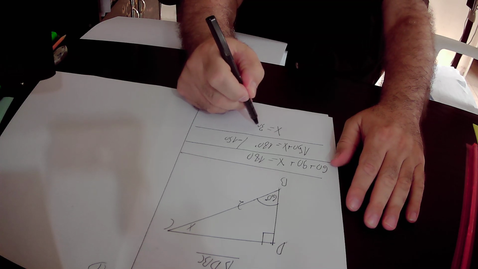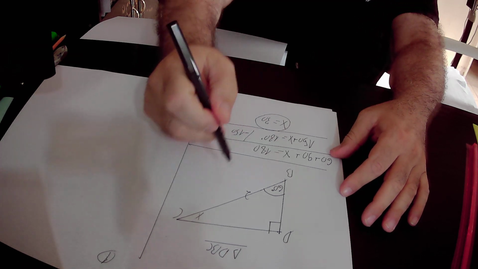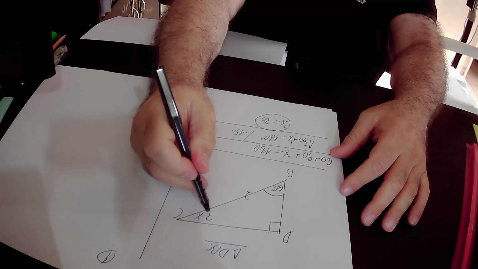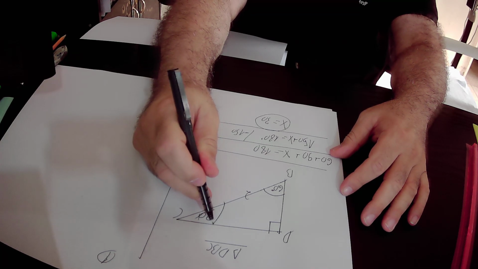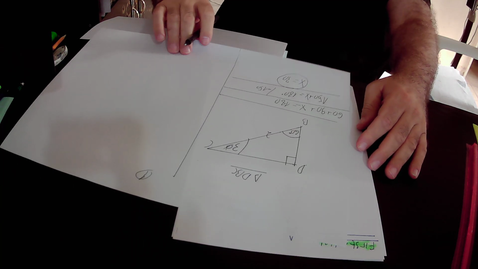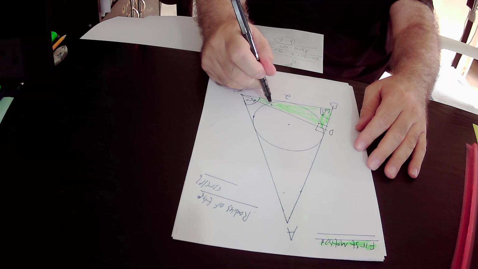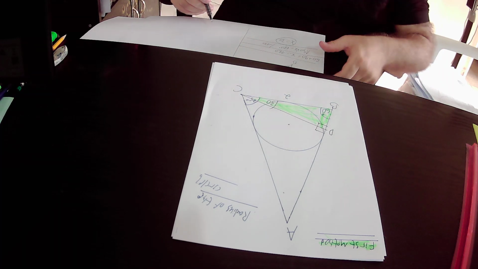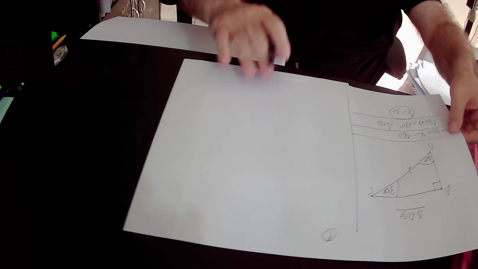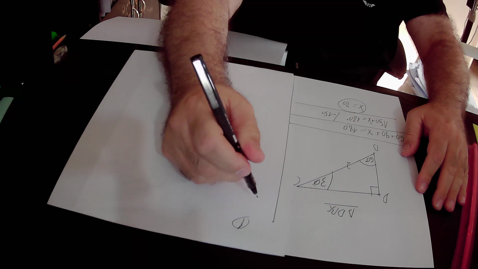It is equal to 30 degrees. So this angle equals 30 degrees. You can write here also angle DCB equals 30 degrees. We will continue to focus on the right triangle DCB.